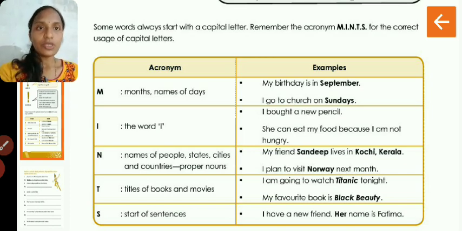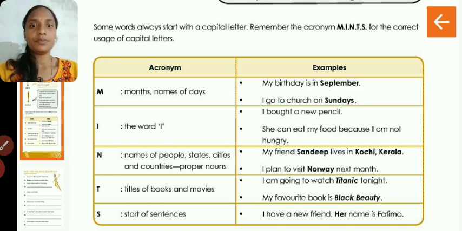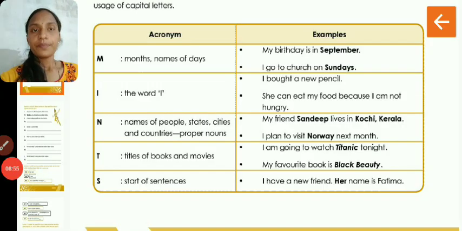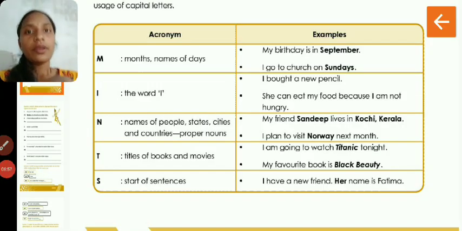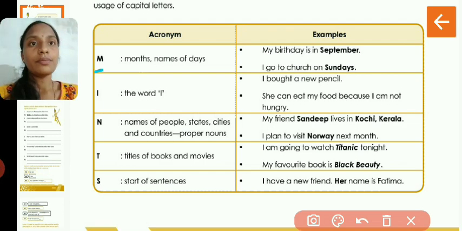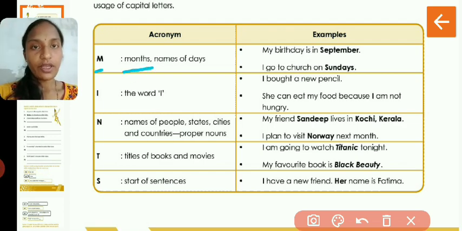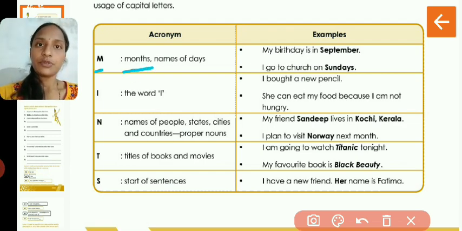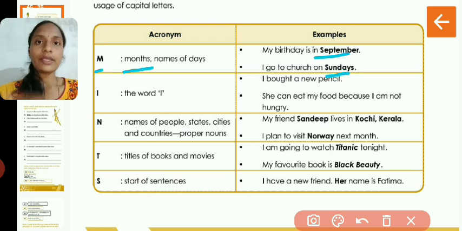What are MINTS? Here M stands for months. When we are writing names of months and names of days, we use a capital letter, like September and Sunday. The first letter should be capital.